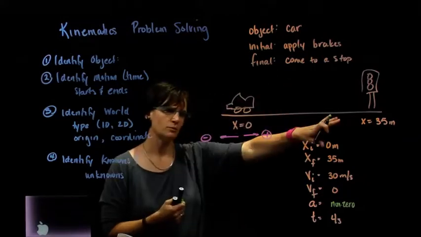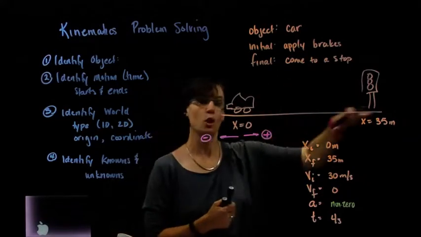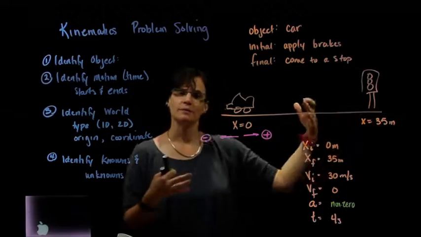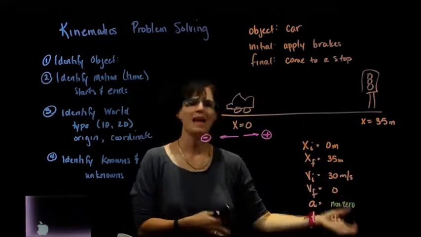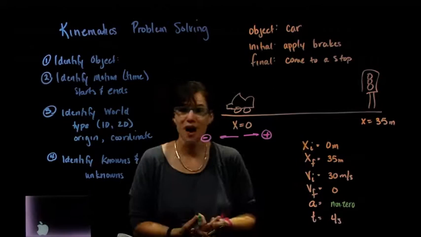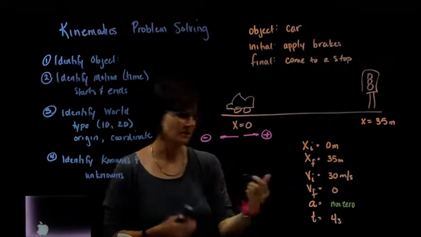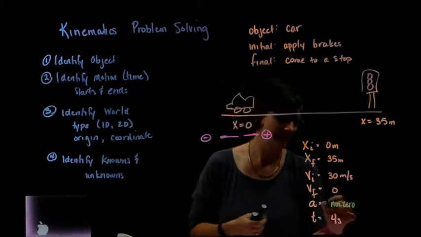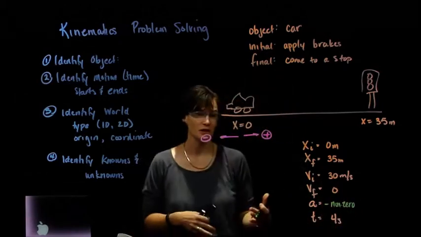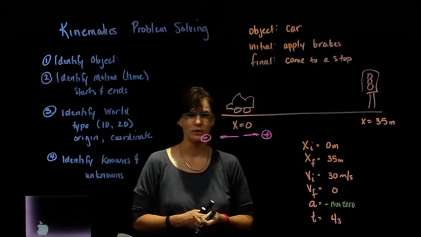If I'm heading to the right and I'm slowing down, we learned that motion in one direction and slowing down means the acceleration is opposite. So if I'm heading to the right, I'm moving in a positive direction. I'm slowing down, my acceleration has to be negative.